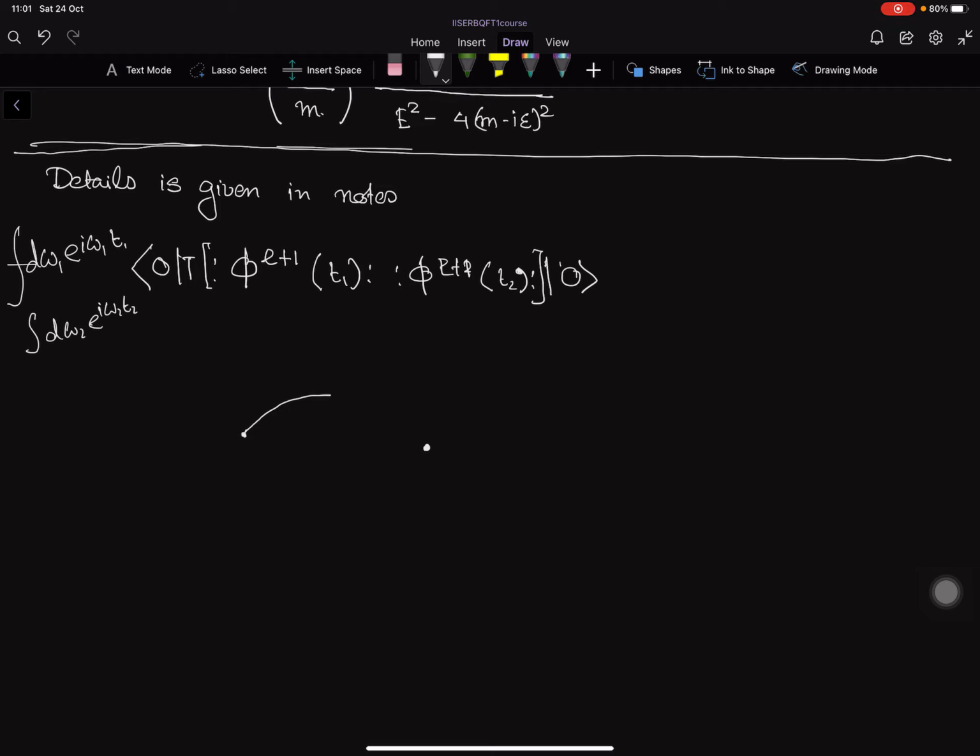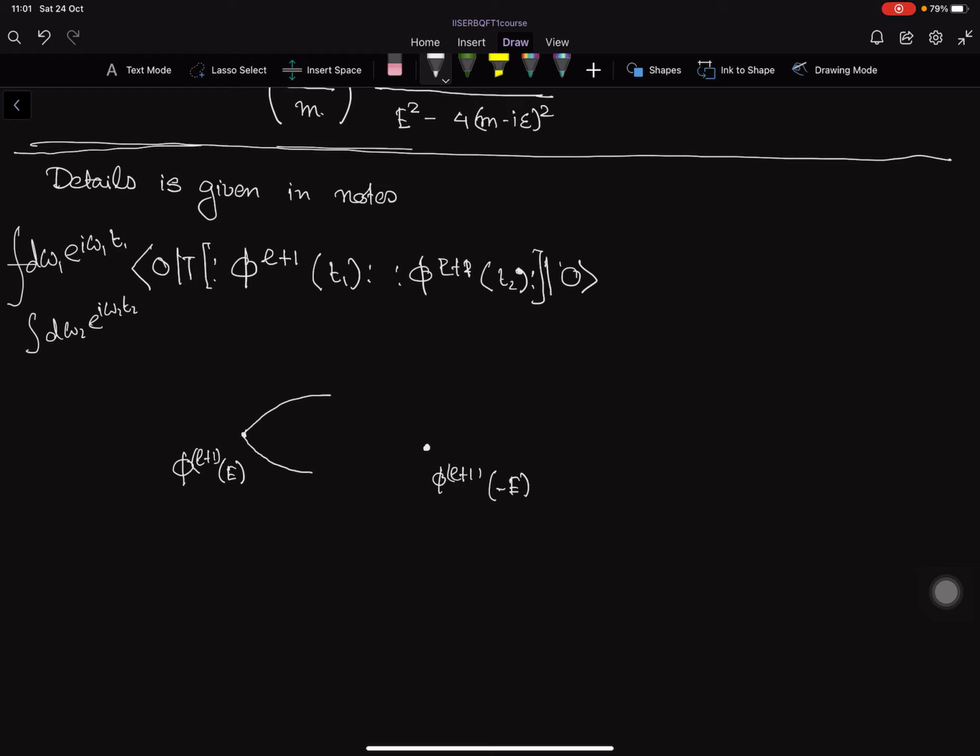Let's denote the external frequencies by E. So this is phi L plus 1 with E, and this is phi L plus 1. There will always be overall conservation, so we denote it by minus E.